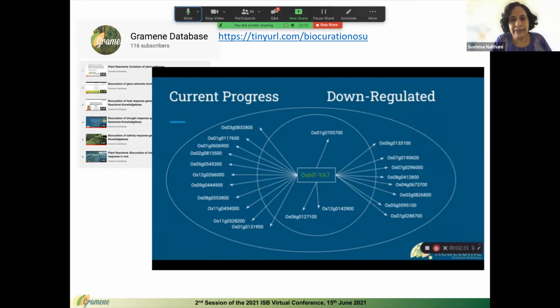And I think the other part, whether it is human, yeast, or plants, is that if you are talking about evidence that this gene is located, say, in mitochondria, what is the evidence? Or if it is located in plasma membrane, what is the evidence? What was really done?